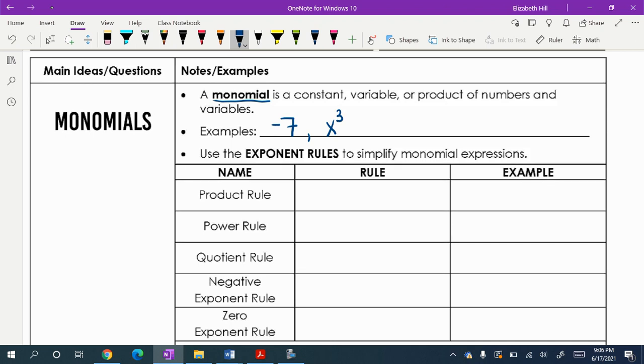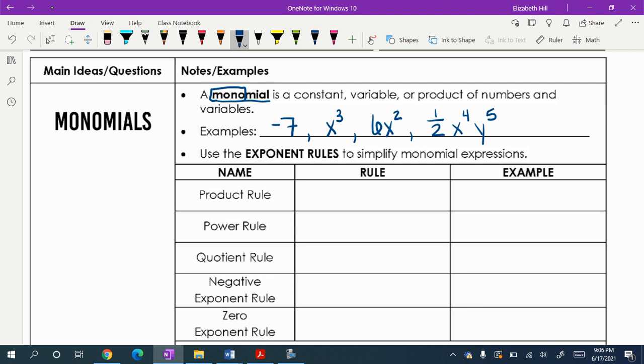That right there is a monomial. You can also do the product of them. So something like 6x squared would be a monomial, or maybe 1/2 x to the fourth y to the fifth, anything like that. Those are all examples of monomials. A big key part to that is the prefix mono, which is referring to 1.